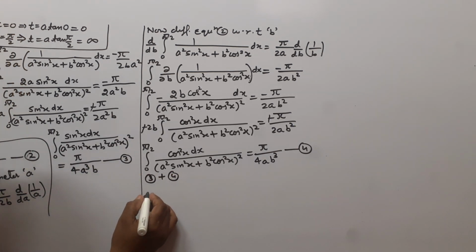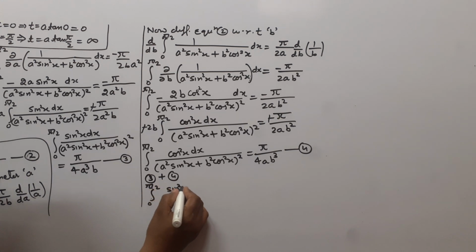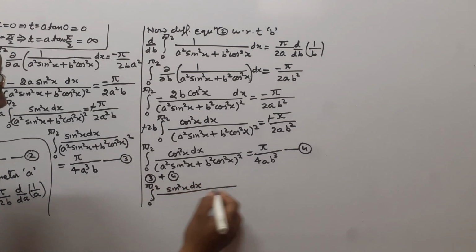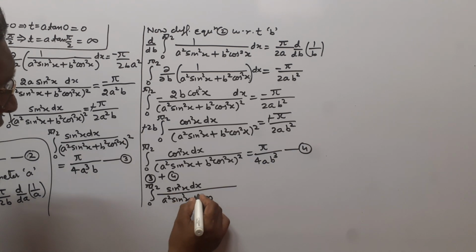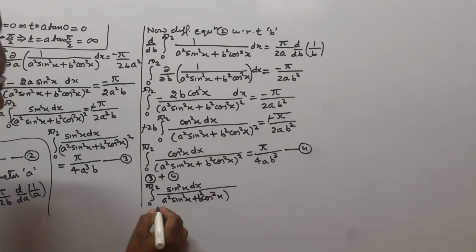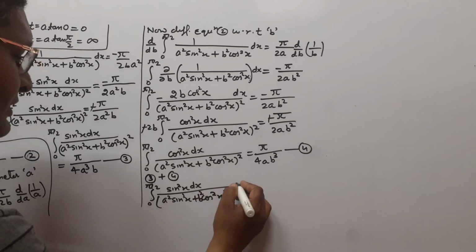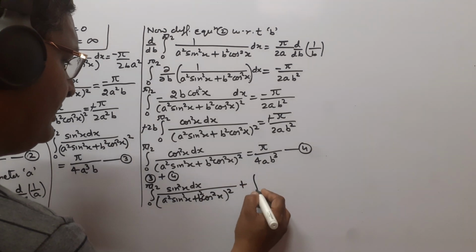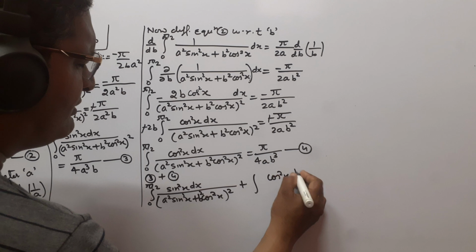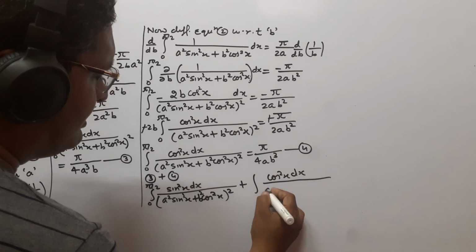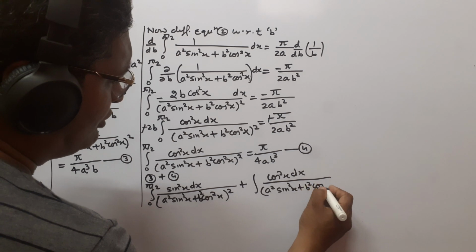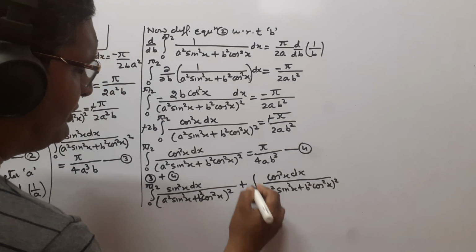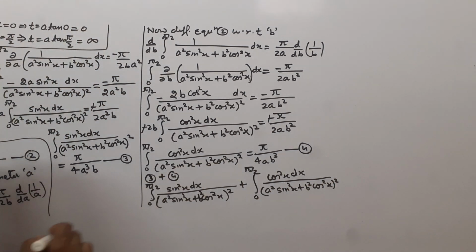So we write here the integration from 0 to π/2 of sin²x dx divided by (a² sin²x + b² cos²x)², plus the integration of cos²x dx divided by (a² sin²x + b² cos²x)², between the limits 0 to π/2.